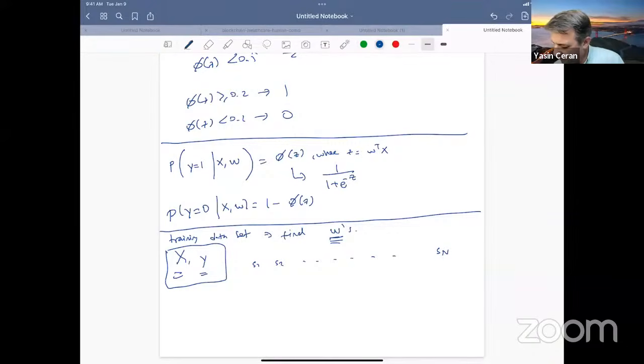Let's say student 1 is 1, student 3 is 0, student n minus 1 is 0, and student n is 1. 0 means failed, 1 means passed. So S1, S2 are students. Actually, the 1s and 0s are the target variables, right? Now I know whether each student passed or failed.